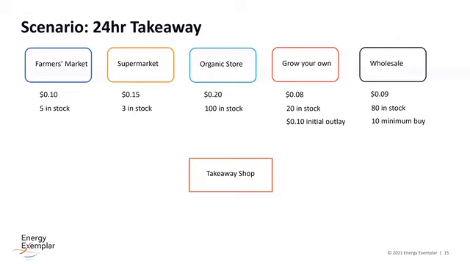With the wholesale, you've got a 10 potatoes minimum buy, which means you can't buy any less than 10. Hopefully this scenario is okay in your own understanding. You can picture it, where again we're going to make the same assumptions as we had before, which is that the quality is the same no matter which option you pick.